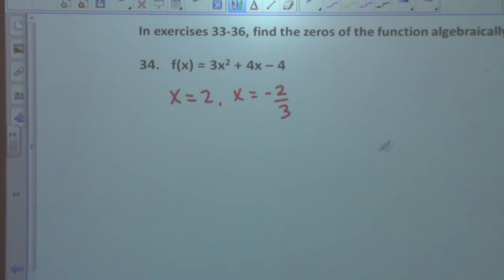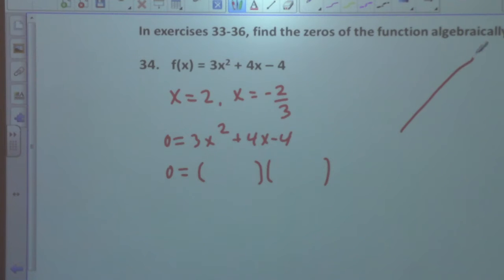So this one, Hannah, how did you solve this? I made it equal to 0 and then separated. I used like the X method. Oh, she used the X method, so 3x squared plus 4x minus 4. And so what you did is you found what the factors were.